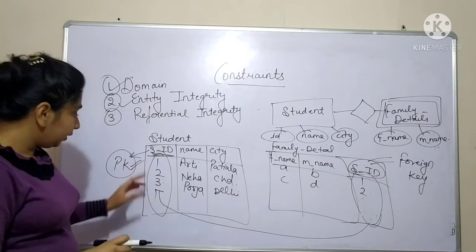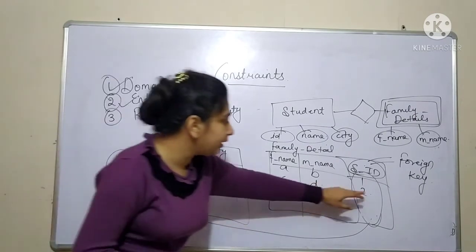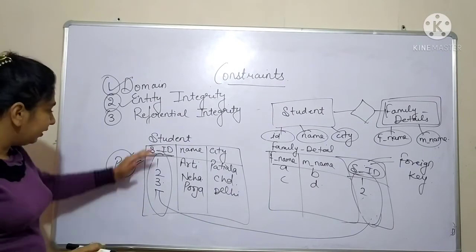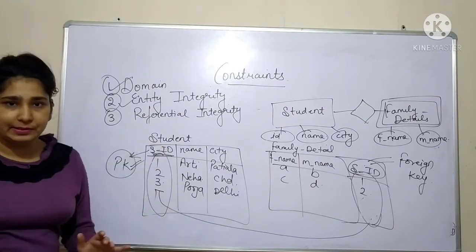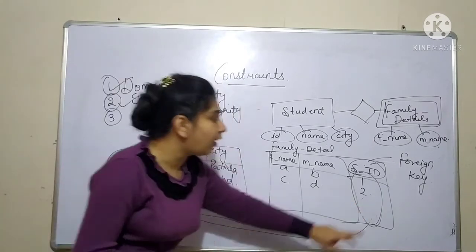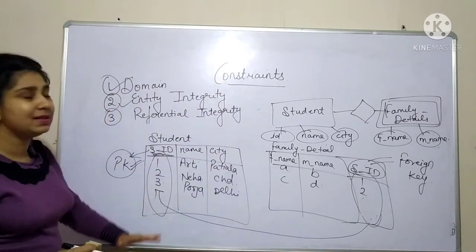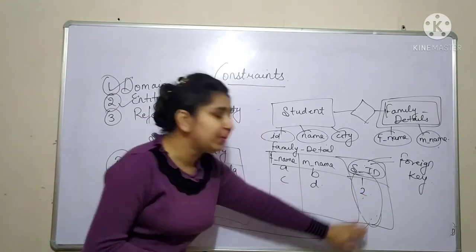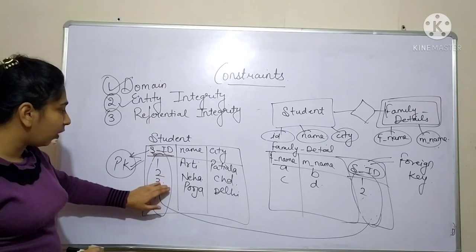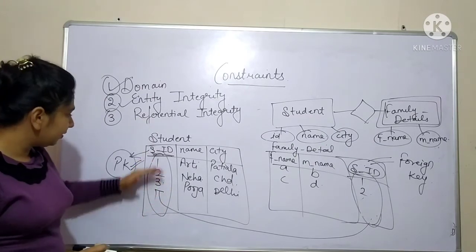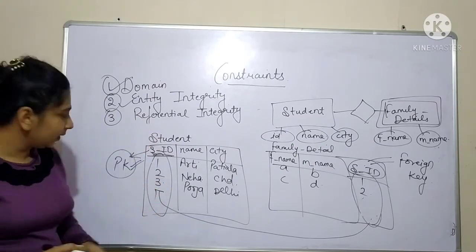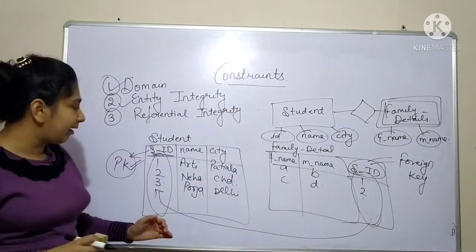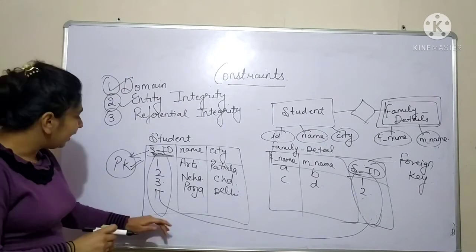So you can store here only the values 1, 2 and 3, not other than these primary key attribute values. It is a foreign key which is referring to this primary key attribute. Foreign key refers to the primary key of another table.